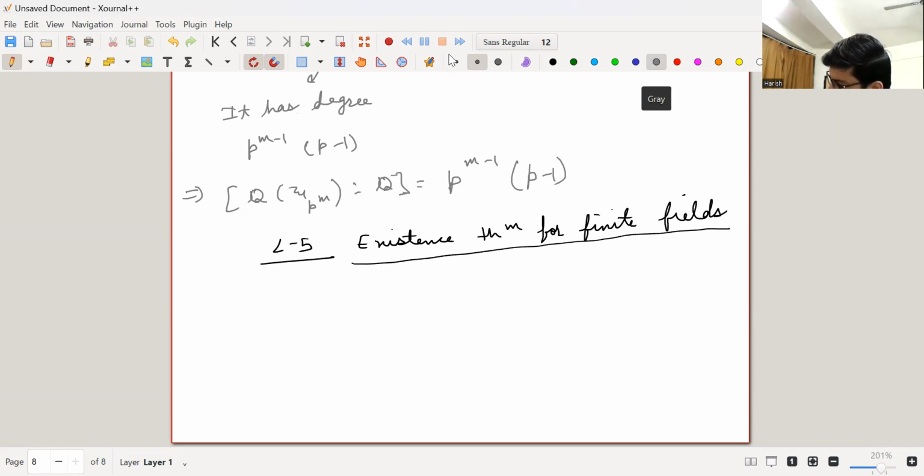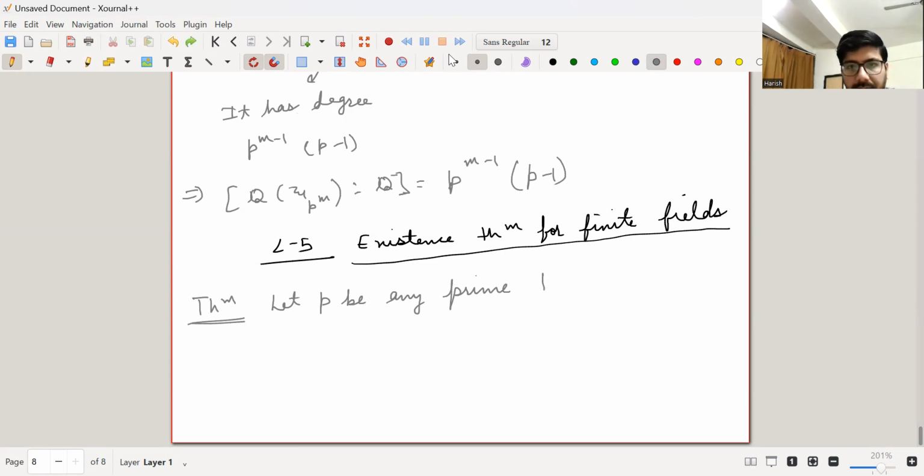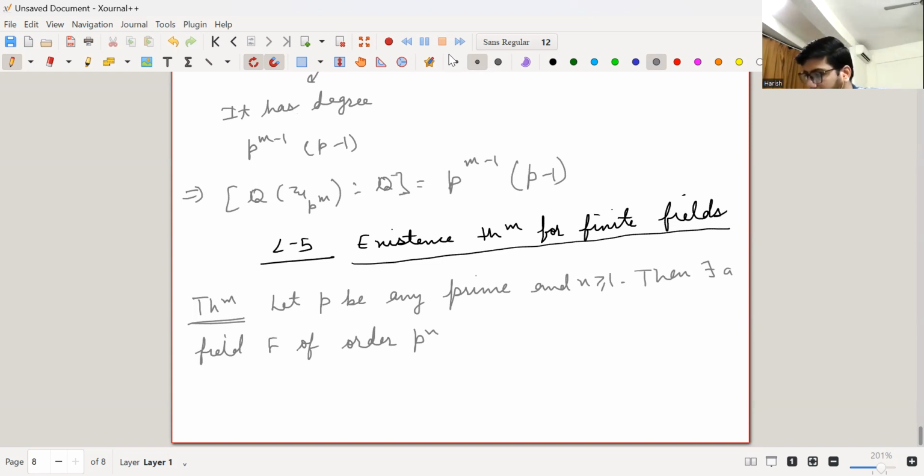Maybe I can simply state the main theorem. I don't think anything else is that useful. The theorem says: let p be any prime and n greater than or equal to 1, then there exists a field F of order p^n.